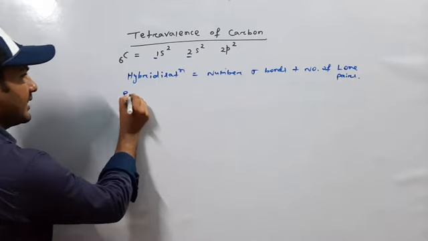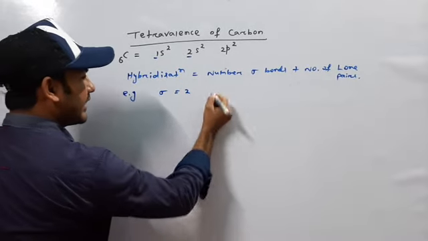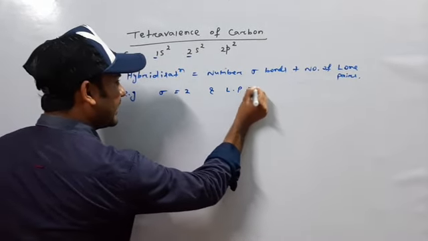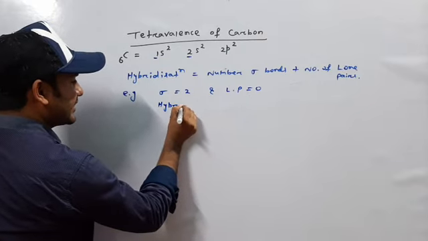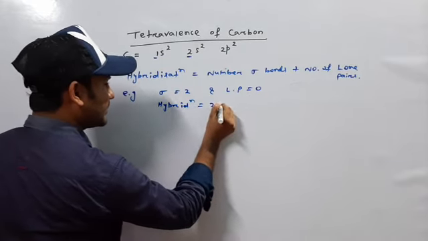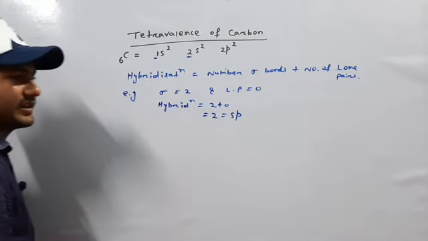For example, if the number of sigma bonds is 2 and the number of lone pairs is 0, then hybridization is equal to 2 plus 0, which is sp.